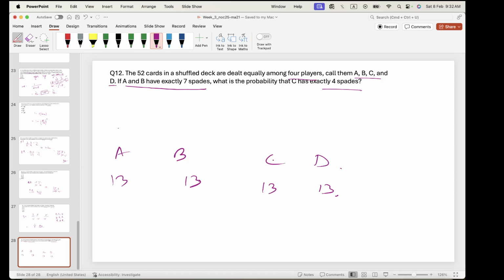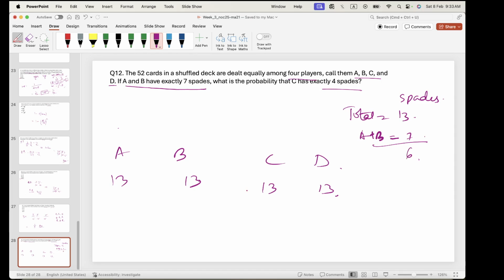So C needs to have exactly 4 spades. So how many spades are there in total? 13. So the total number of spades is 13, out of which A and B have 7. So the remaining that C could have is 6.